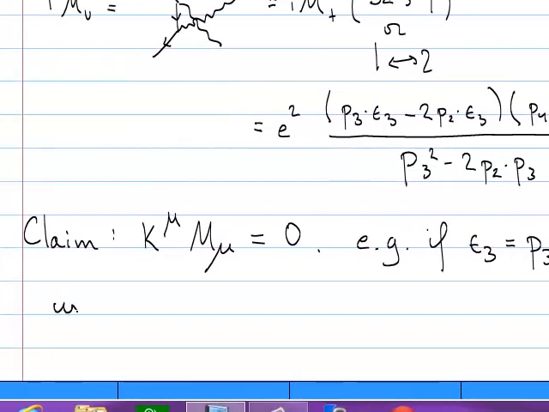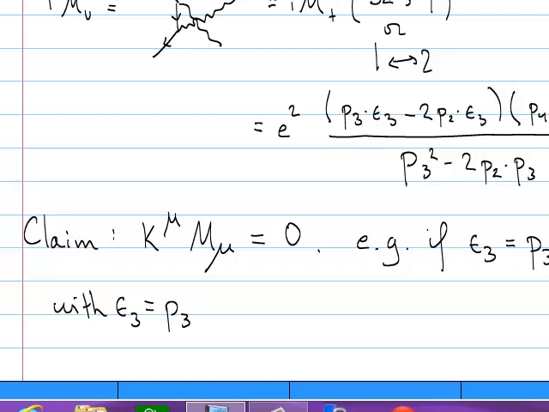Is everyone with me so far? Yes. What I really mean is that if you replaced epsilon by epsilon plus P, the diagram should be unchanged.